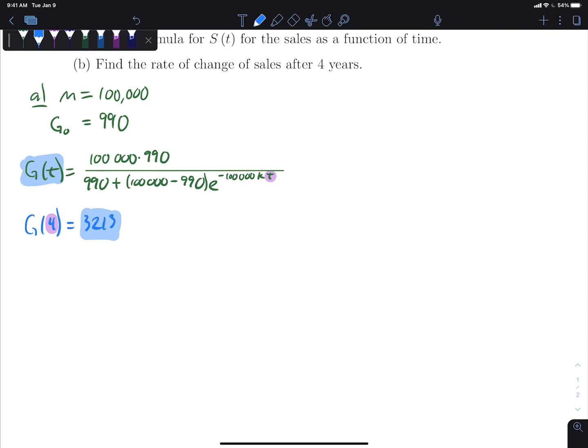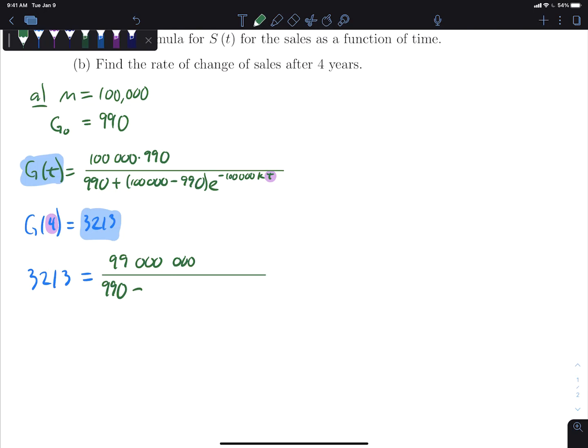So let's see what happens. That gives me 3,213 is equal to, now 100,000 times 990, if you want to multiply that out, that's just 99 million, and then all over the 990, and then 100,000 minus 990.